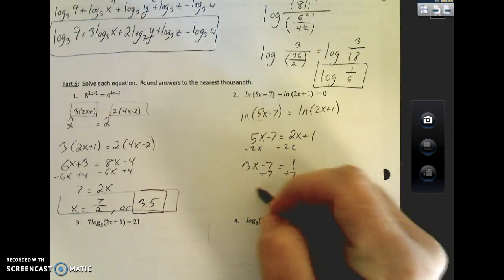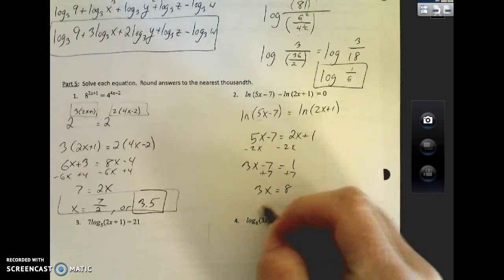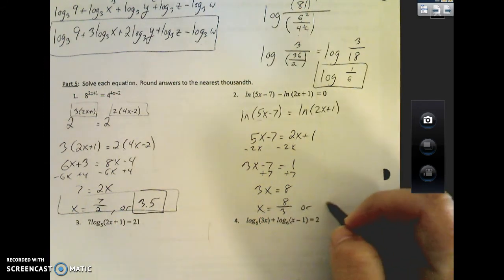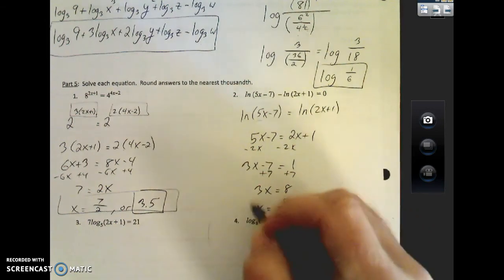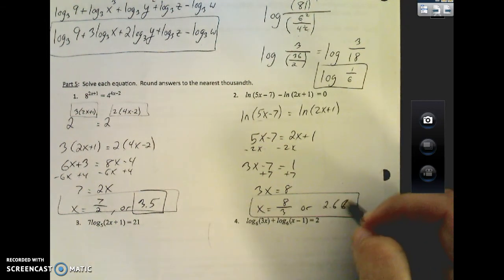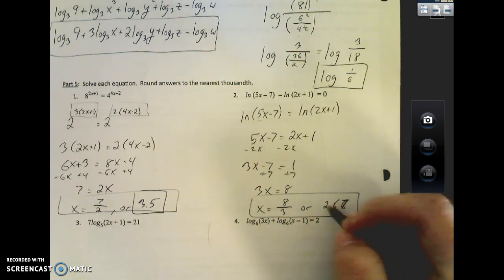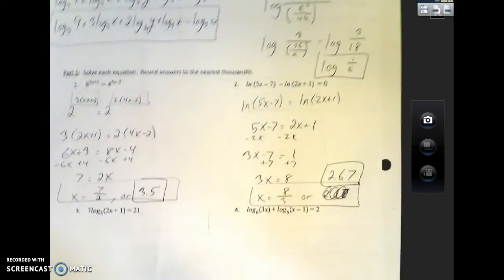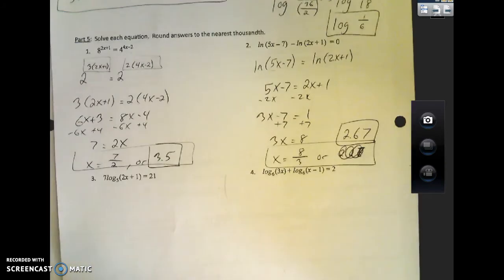Add 7, add 7. So x equals 8/3, or 2.66. There you go. To the nearest thousandth, this should be rounded to 2.667. Sorry, 2.67. There we go. Okay? Awesome.